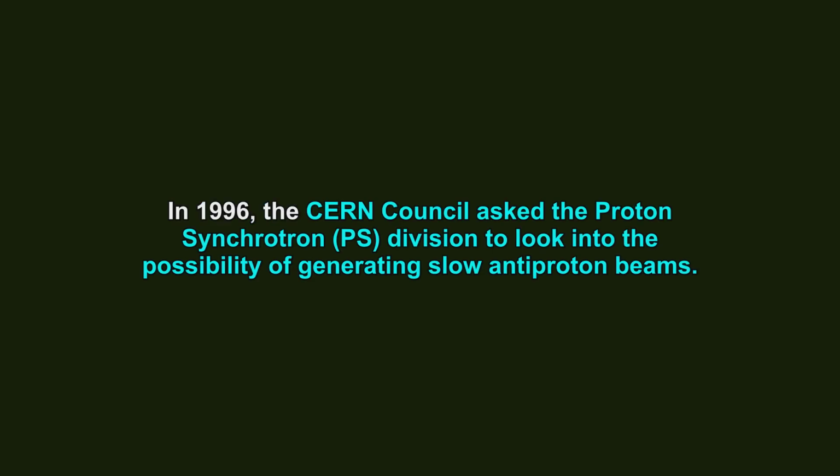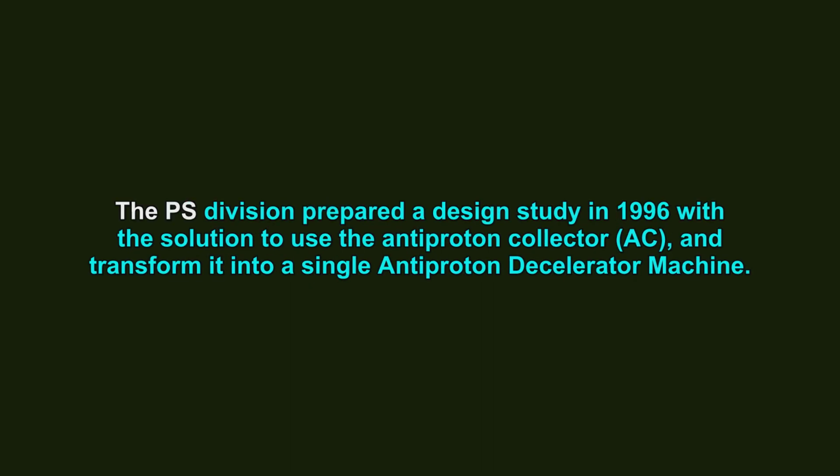In 1996, the CERN Council asked the Proton Synchrotron, PS, division to look into the possibility of generating slow antiproton beams. The PS division prepared a design study in 1996 with the solution to use the Antiproton Collector, AC, and transform it into a single antiproton decelerator machine.